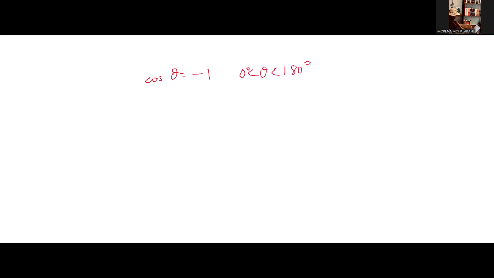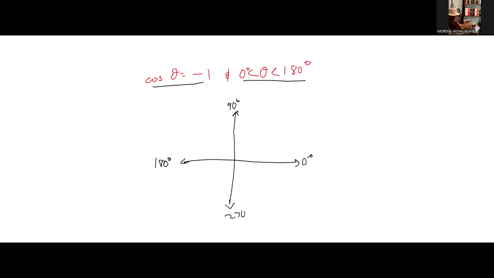Every diagram question has to give me the trig ratio as well as the interval. My thing is to draw the Cartesian plane. Have 90 degrees there, 0 degrees, 180 degrees, 270, then 360, of course.